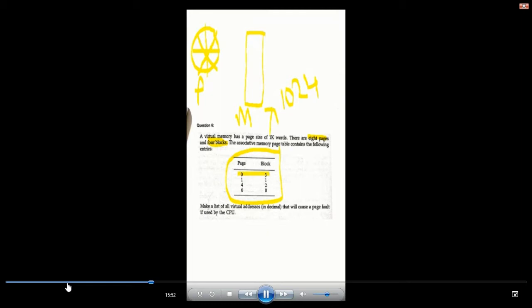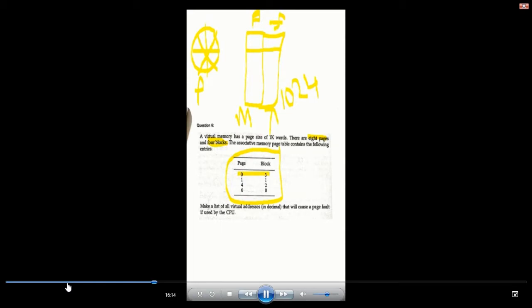Now, let us understand. You have this memory. You will have here the page number, and this is the frame.